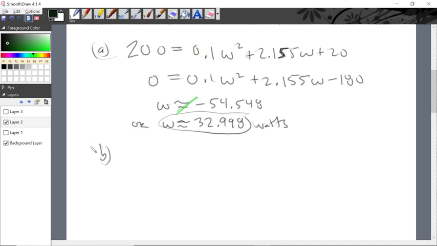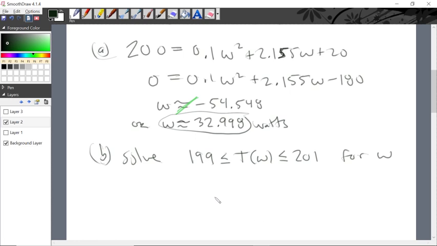So we want to solve the inequality that 199 is less than or equal to the temperature function, which is less than or equal to 201. Solve that for W. So we're going to get a W value on the left and a W value on the right.